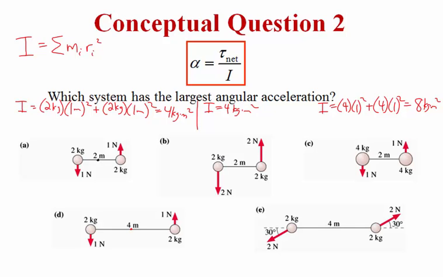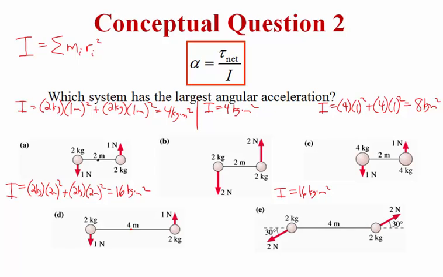So the center is 2 meters from either of those masses. And so the rotational inertia is going to be 2 kilograms times 2 meters squared plus 2 kilograms times 2 meters squared for the other side. And so we get a total rotational inertia of 16 kilogram square meters. And in case E, it's the same situation. So we have 16 kilogram square meters again.